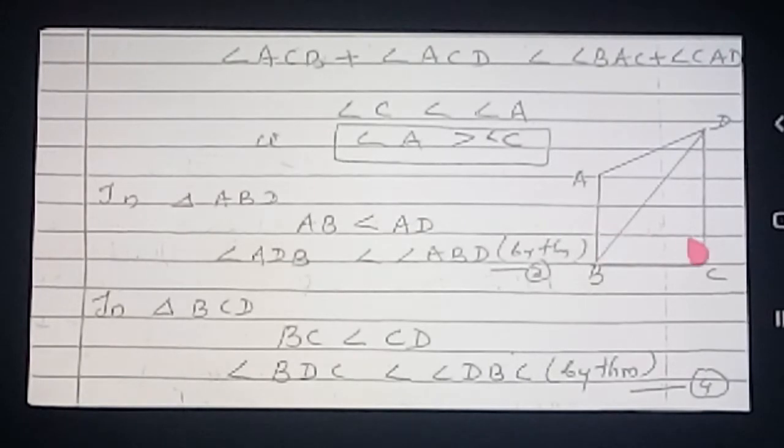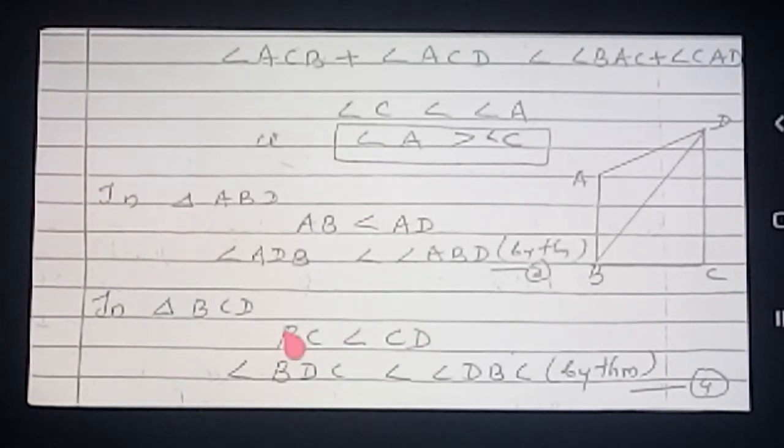Similarly, take the other triangle, BCD. In triangle BCD, BC is less than CD. Why? BC and CD are the sides of the quadrilateral, and CD is the longest side given in the question, so BC is the smallest. So BC is less than CD.